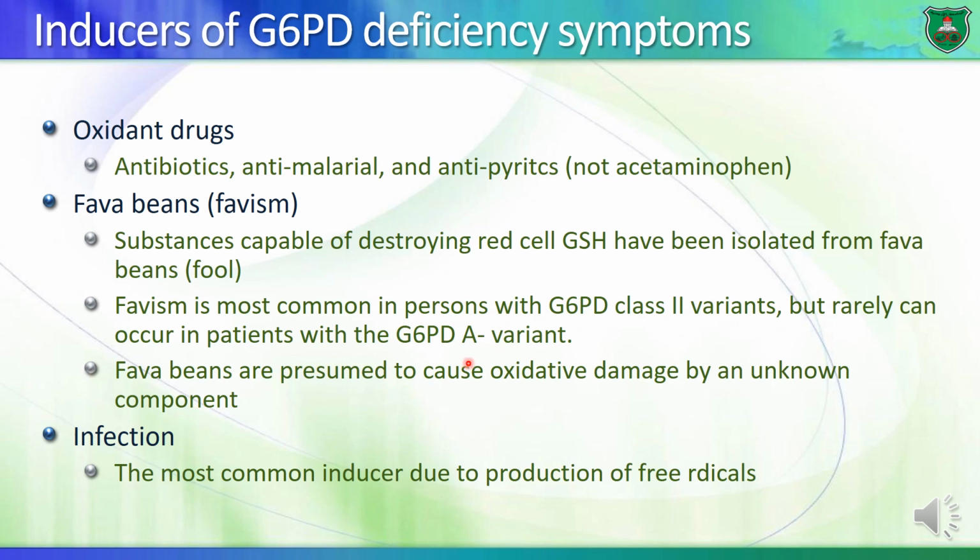It rarely occurs in patients with the African class of G6PD. Okay. Now infections can also induce G6PD deficiency symptoms as a result of production of oxidizing agents by immune cells.